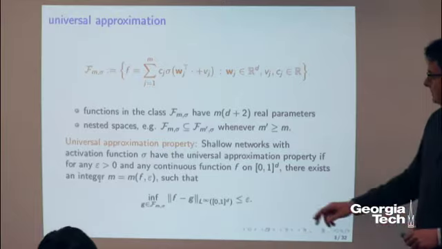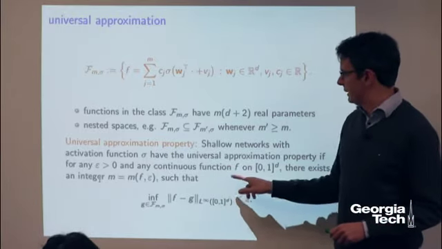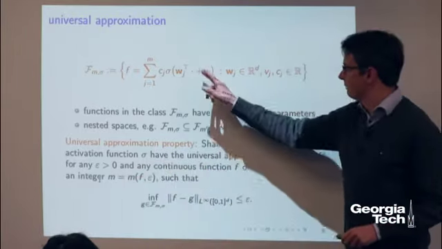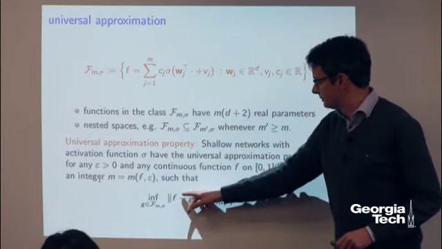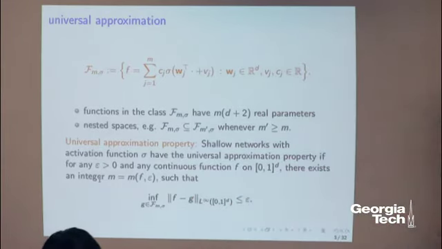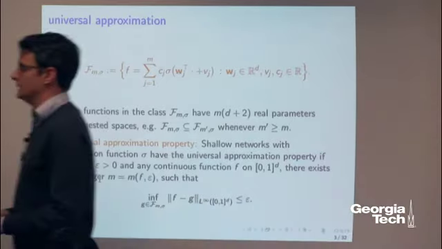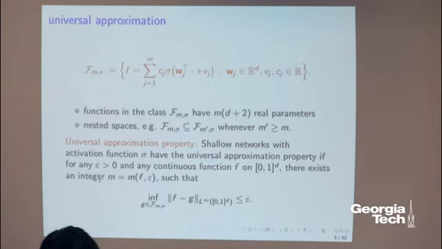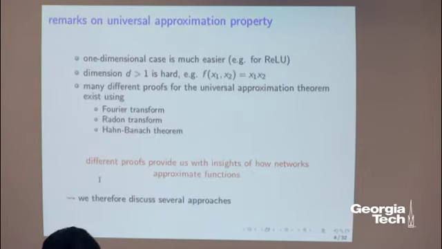That means essentially that for any continuous function and any epsilon, we can find an m such that there's a shallow network that approximates this function f up to uniform error of order epsilon. Now you can wonder, is that true or not? The thing is, it depends, and it depends on the activation function whether this is true or not.